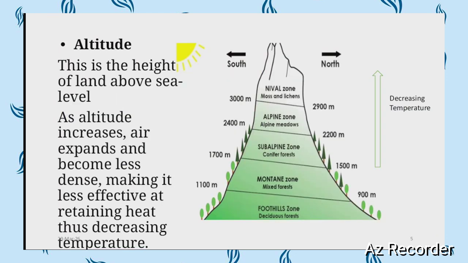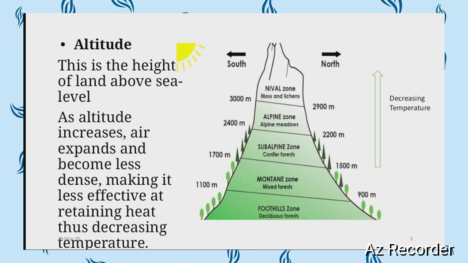Altitude. This is the height of land above sea level. As you can see in this diagram, we have a mountain with different measurements, and the higher you go, the values increase.